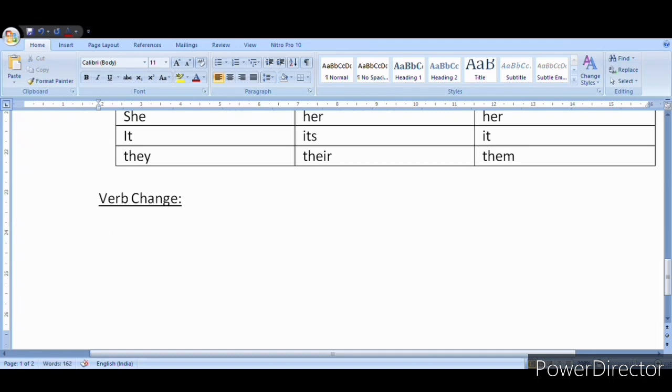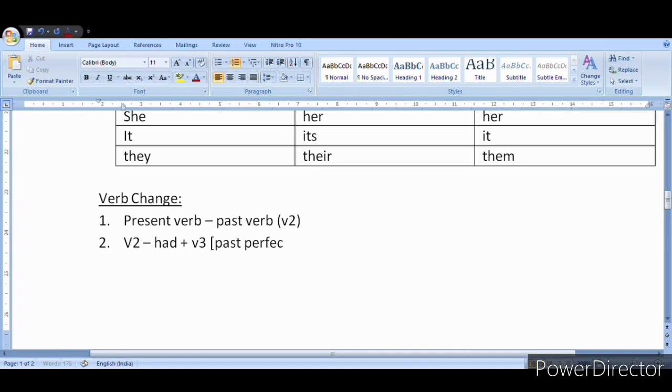And next one is verb change. Keep it in mind, you have to change all the present forms of the verbs to past forms, that is V2. So the tense should be changed only to the past tense, V2. If the sentence is already in past form, that is, it is coming with V2, you have to change it to had plus V3, that is past perfect tense.